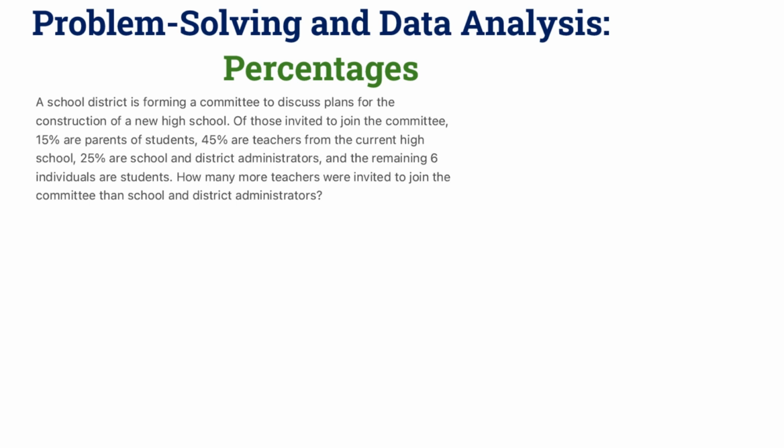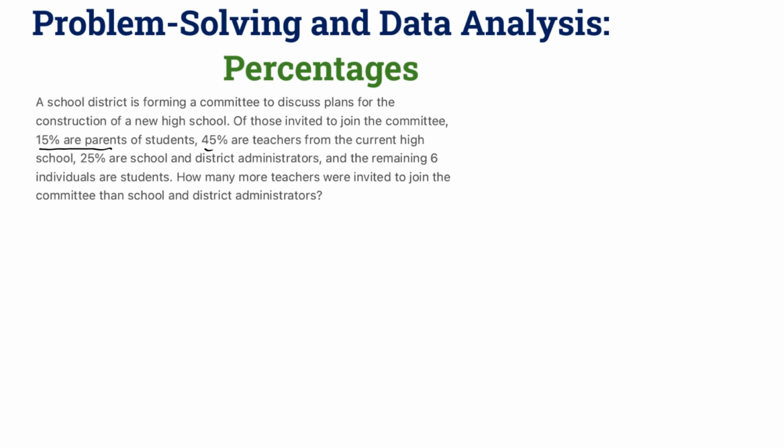Finally, we come to the problem solving and data analysis portion and a percentages problem. Here we're given that the school district is forming a committee to discuss plans for the construction of a new high school, and we're given the percentages of who will be part of that committee.